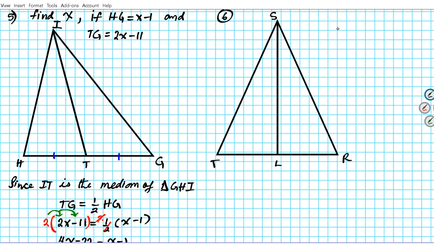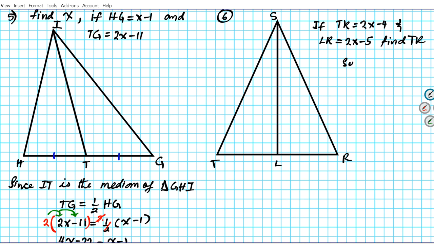Okay, so let's say we are given the following information. If TR is equal to 2x minus 4 and LR is equal to 2x minus 5, find TR.